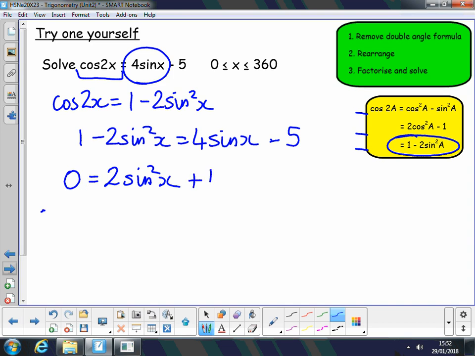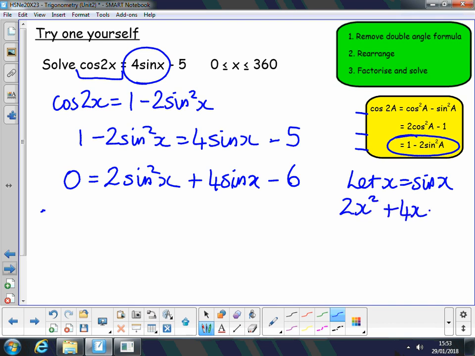We already have plus 4 sin x, and you're going to subtract 1, so it's take 5, take away 1, it's going to be take 6. Okay, and that's what we're then going to solve. So again, let x is equal to sin x. So we have 2x squared plus 4x take 6 is equal to 0. That's what we are factorising.